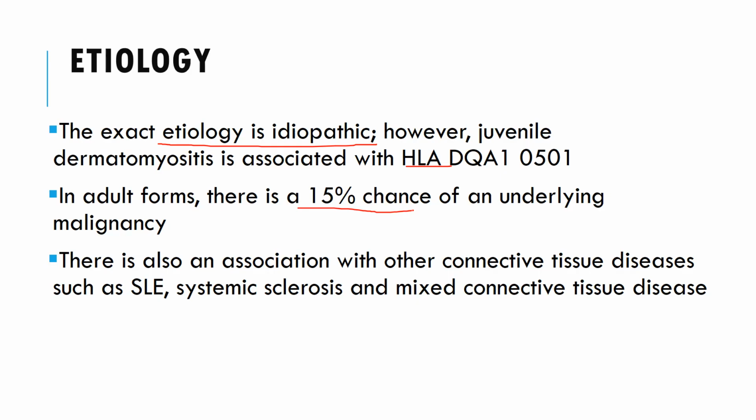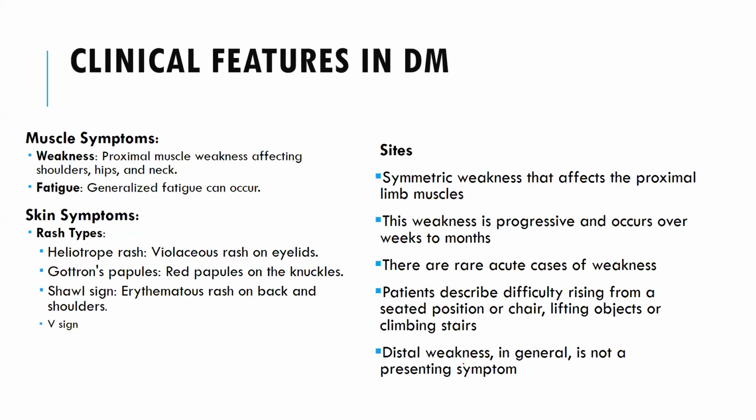There has also been an association of dermatomyositis with other connective tissue disorders like systemic lupus erythematosus, systemic sclerosis, and mixed connective tissue disease. When you look at the clinical features seen in dermatomyositis, we have the muscle and the skin.